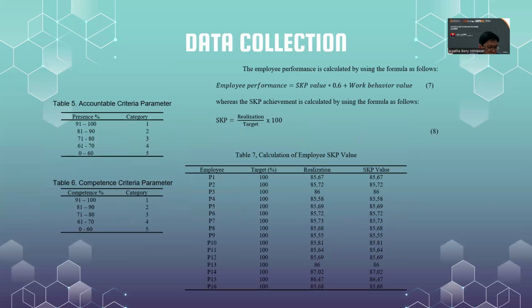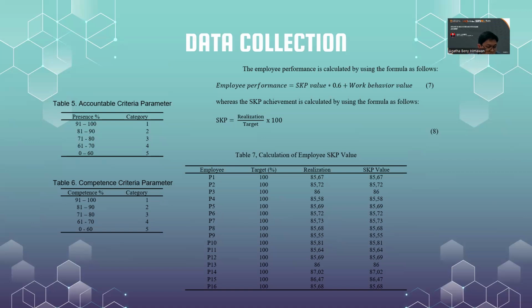Table 5 shows the assessment parameters for the accountability criteria. Table 6 shows the assessment parameters for the competence criteria. And Table 7 shows the calculation result of the STP score for each employee.